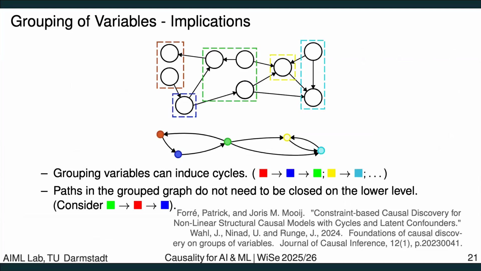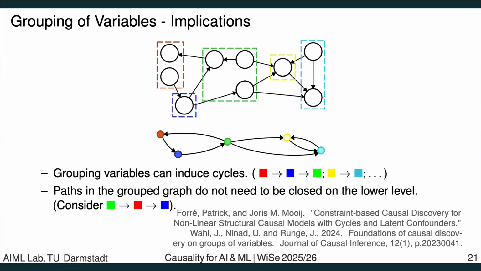Maybe looking at the groups of variables, we can define arbitrary clusters of variables, like the red, green, whatever. If we aren't careful, a lot of things can happen with that. First of all, we might induce cycles.